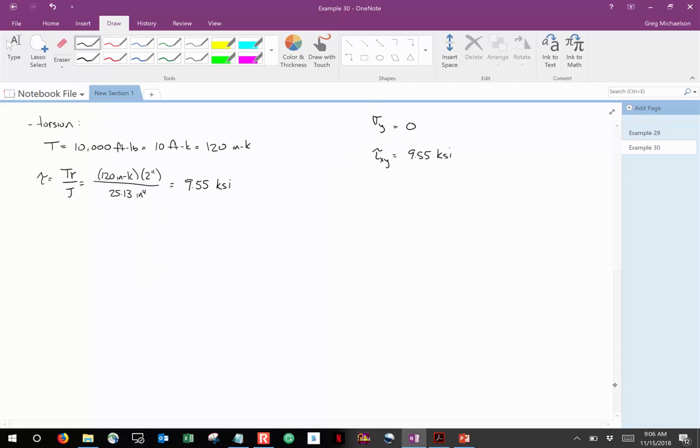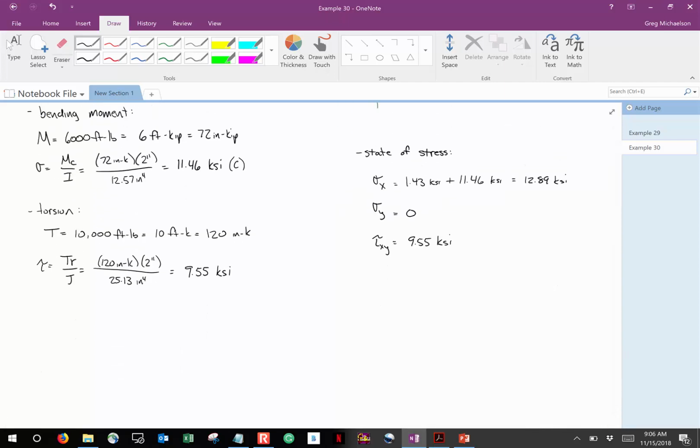Once you've got that, I think you'll see that the computation of your sigma average and radius and all of that follows along exactly what we did in our previous problem. We just have different starting values. So I'm going to go through that process very quickly. Sigma average is sigma x plus sigma y over 2.